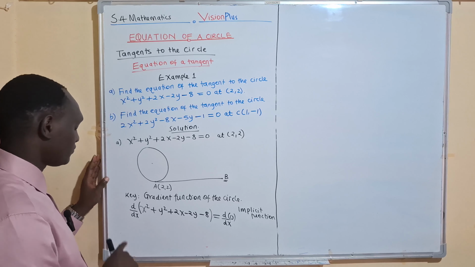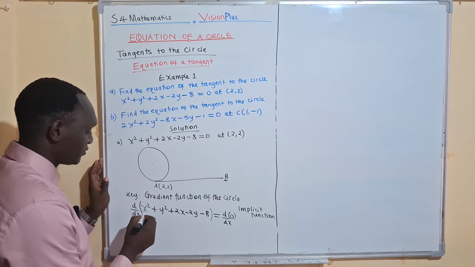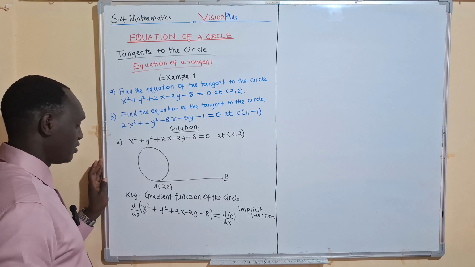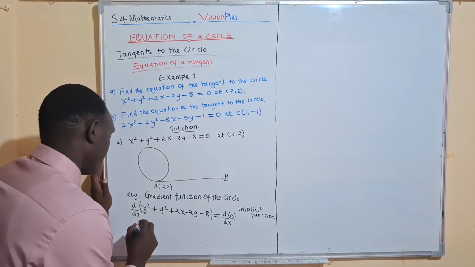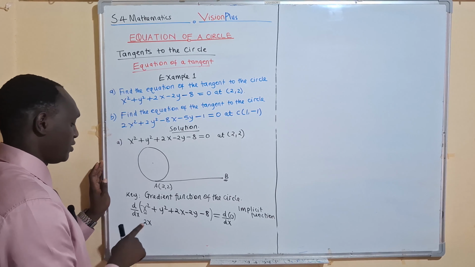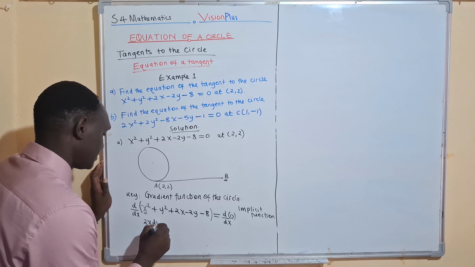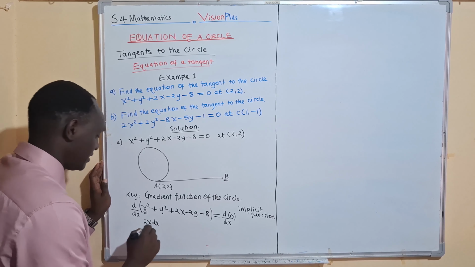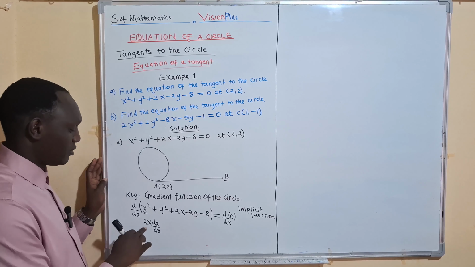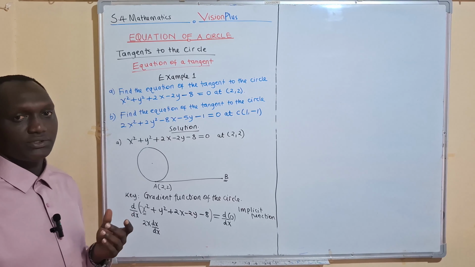Now remember we are differentiating with respect to x. If you differentiate x squared, you get 2x. What function have you differentiated? x. So you say dx over dx. But remember, we are not treating this as division.